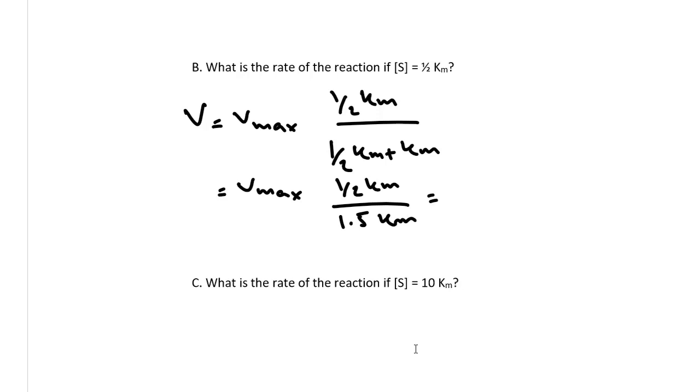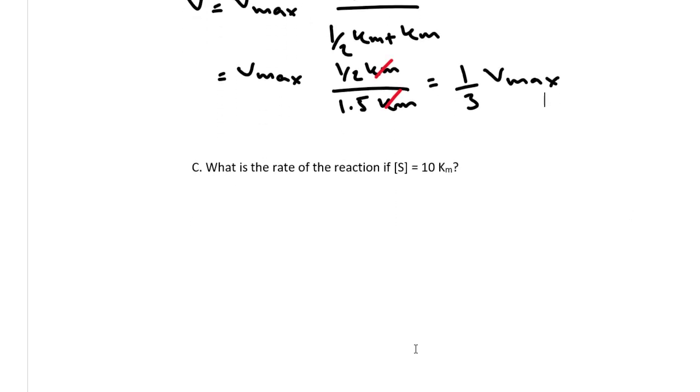The Km's cancel out, so it's 0.5 over 1.5, which gives me 1/3 Vmax. So you can see as we get less than Km, the rate of the reaction decreases.